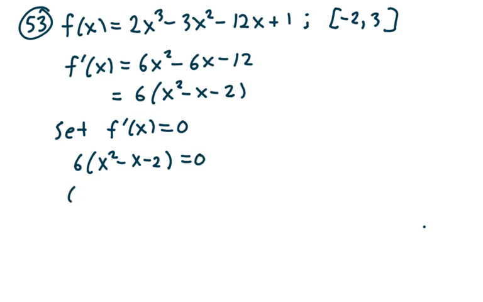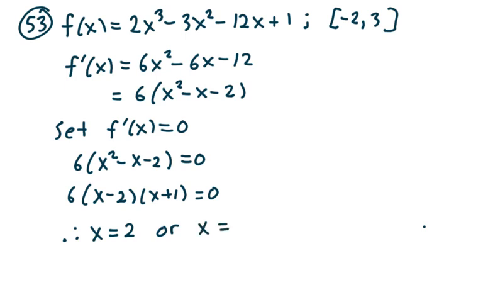Now I'm going to factor. So we get 6 times x minus 2 times x plus 1 equals 0. And so therefore, x is 2 or x is negative 1. And both of these critical values lie inside the interval negative 2 to 3. That's very, very important to keep note of the whole time.